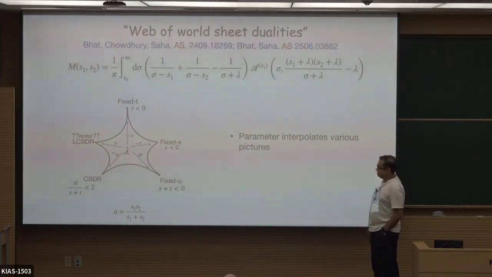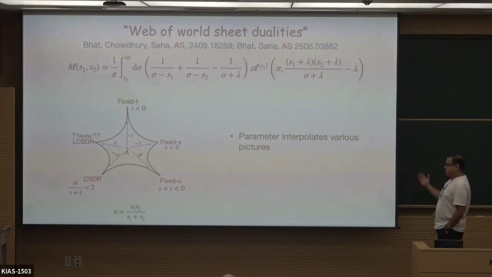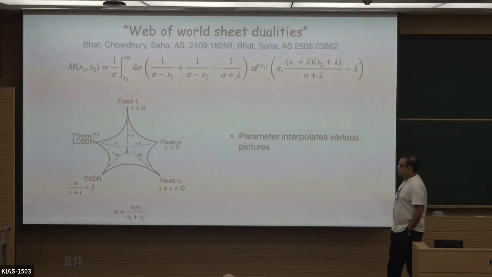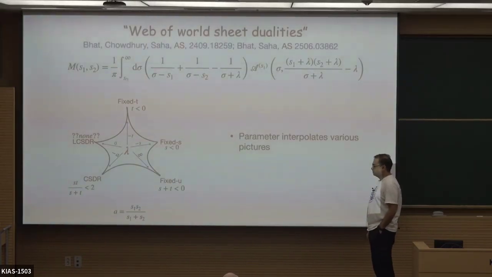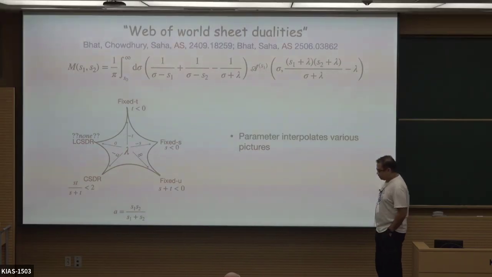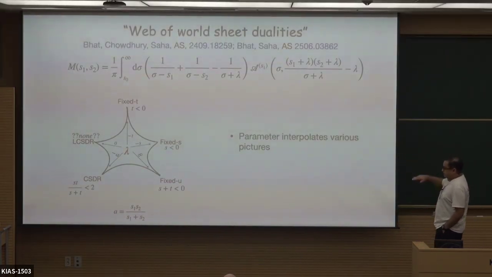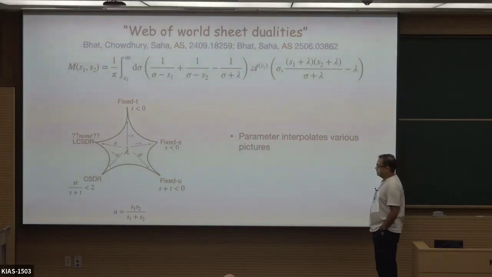Fixed T, fixed S, and fixed U are the familiar ones that people have been studying for a very long time. CSDR stands for crossing symmetric dispersion relation. The original idea of this crossing symmetric dispersion relation is not new. It was from the 1970s, but it was resurrected for different reasons over the last 5 or 6 years or so.